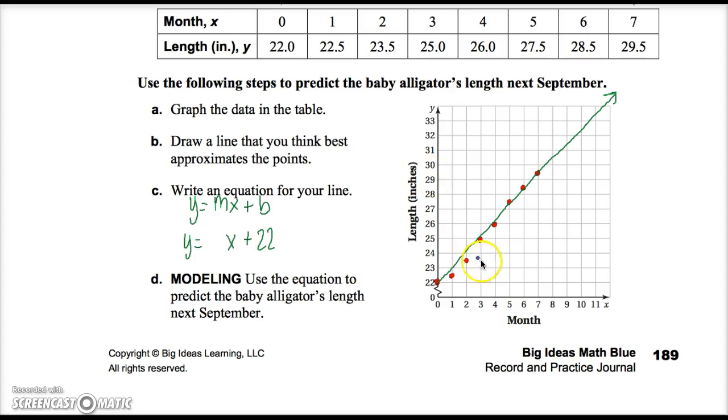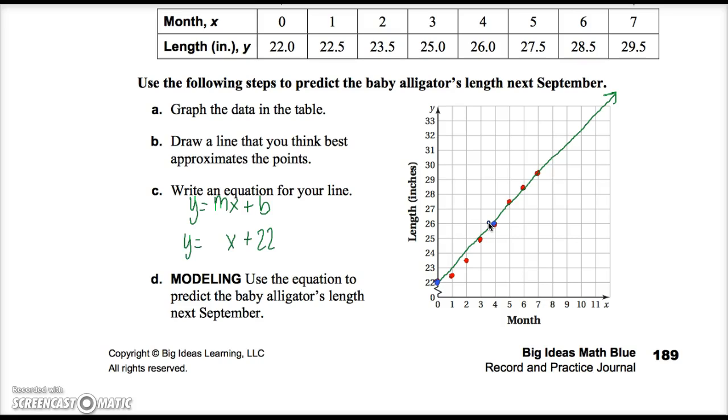If I just pick 2 points that I know cross through this line, I know 22 does, and I'll use this point. It's really close, close enough. You will come up with a different equation than other people around you, and that's fine because your lines won't be exactly the same. As long as they are close, it's going to be fine.